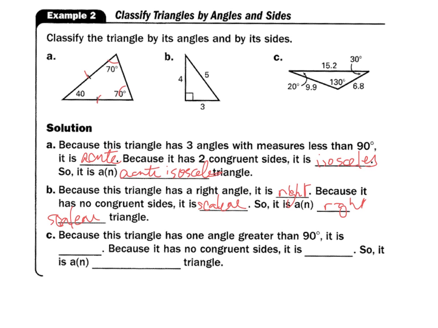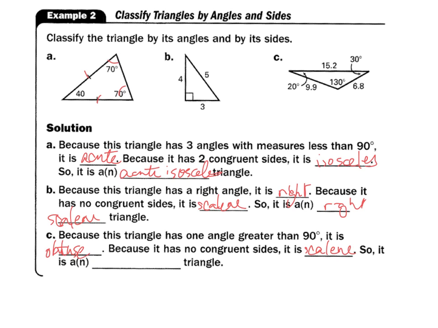Okay. Third one, looks ugly. What does it give us? This one, there is no sides that are congruent, and none of the angles are congruent to each other. And in terms of shape, we have one fat angle at 130 degrees, and so this triangle is obtuse, and it's also scalene.